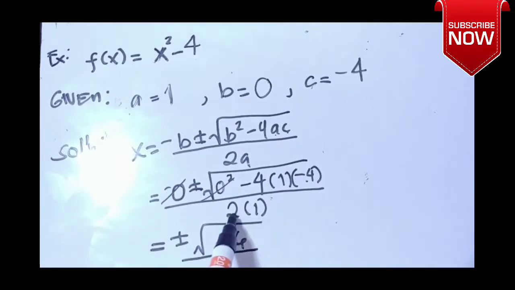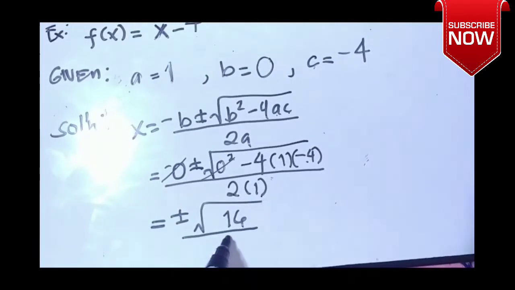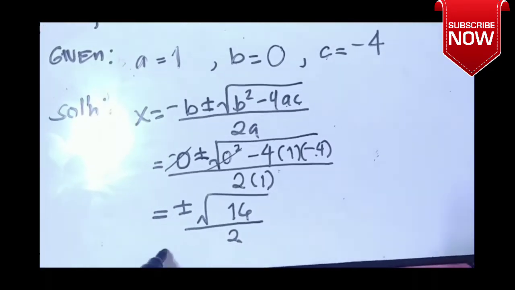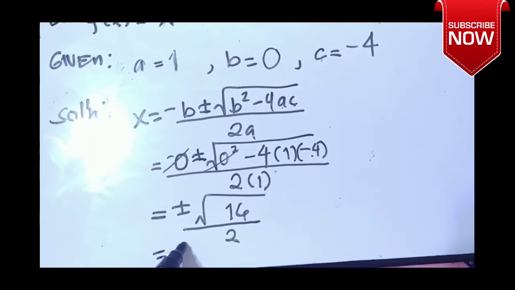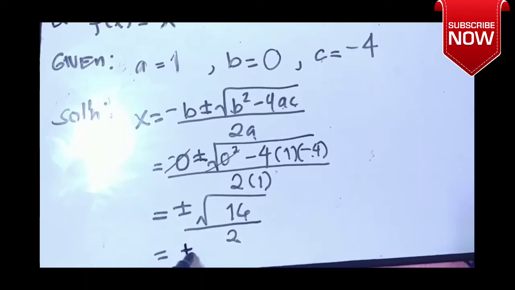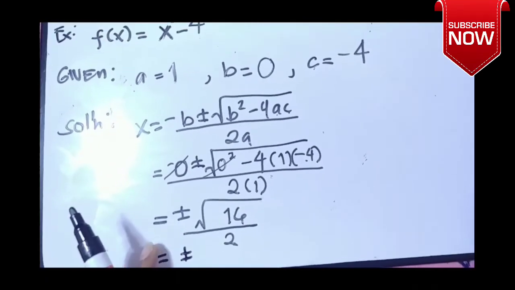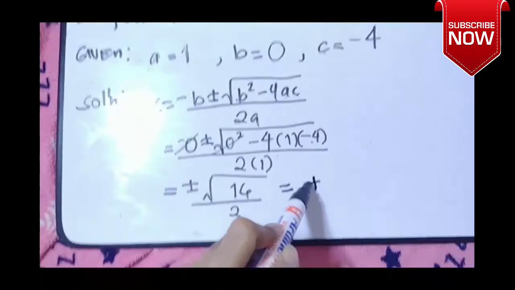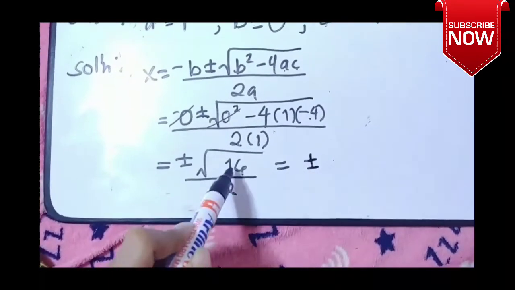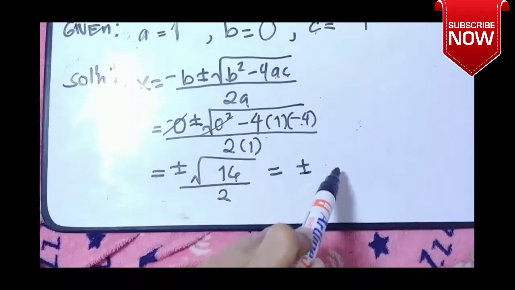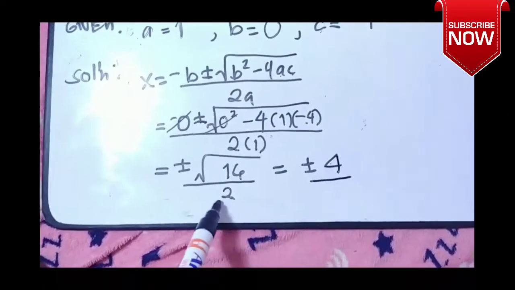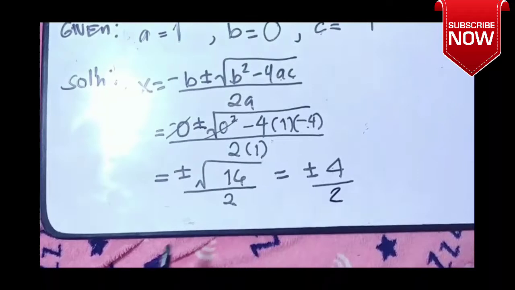Over 2 times 1, that is 2. Positive, negative. Hindi na siya magkasya. Dito ko na lang sulat. Okay. Positive, negative. What is the square root of 16? That is 4 over 2.